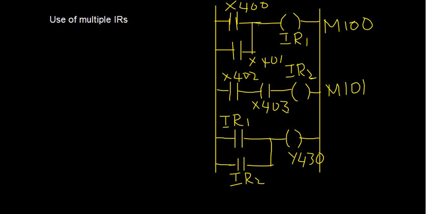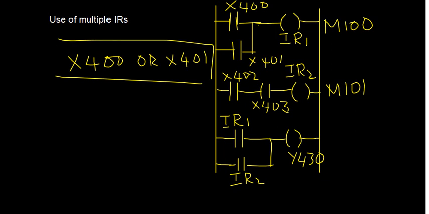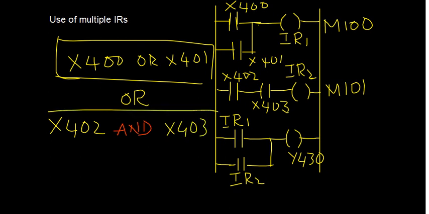So based on that condition, whenever your X400 or X401 is true, this is one condition, or X402 and X403 are both true, right?